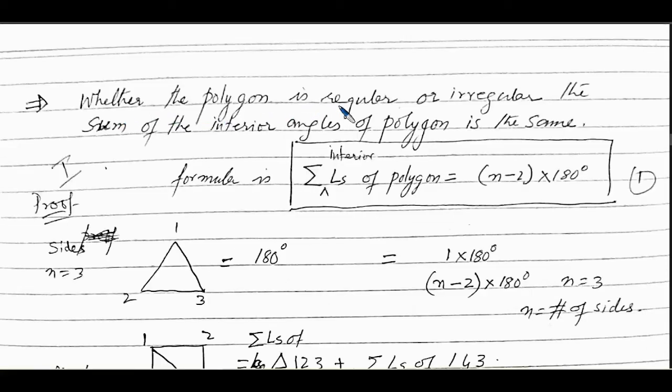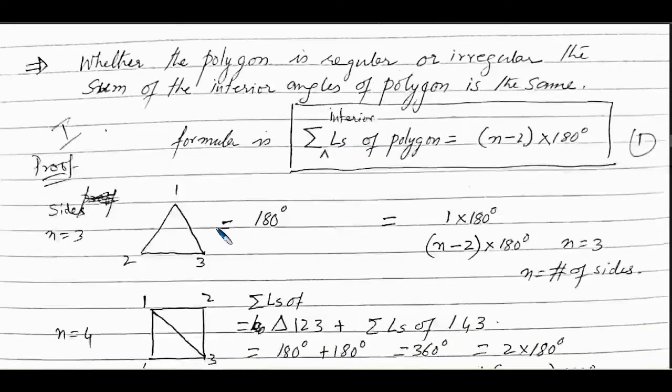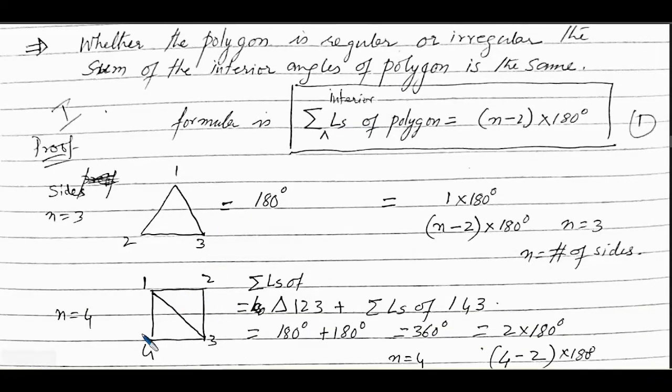Now, whether the polygon is regular or irregular, say a triangle, an equilateral triangle is regular, but whatever the triangle is, the sum of the interior angles of a typical polygon is the same. Suppose it is a square, or I make it a parallelogram, or a rhombus, the sum of the interior angles will be the same for all of these quadrilaterals.